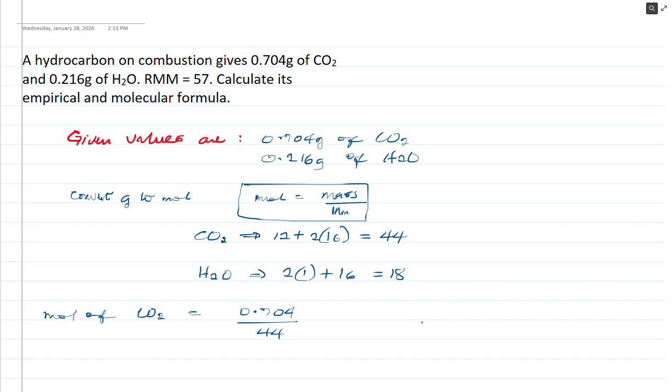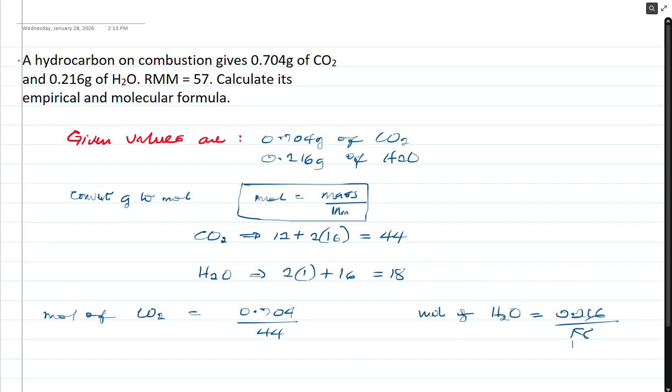And then we do the same thing for water. Mole of water equals the mass of water, which is 0.216, divided by 18, the molar mass of water.